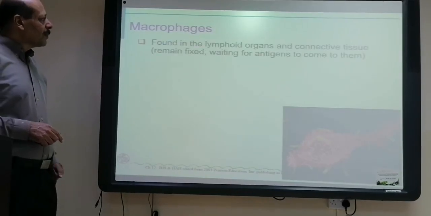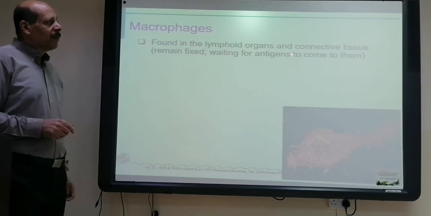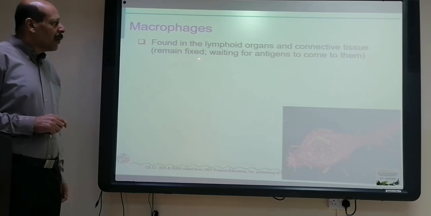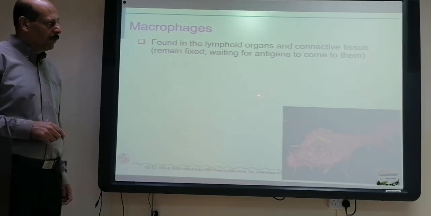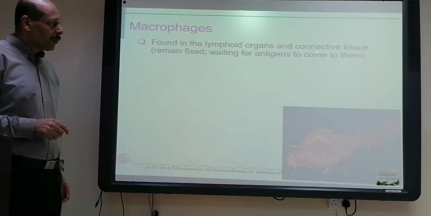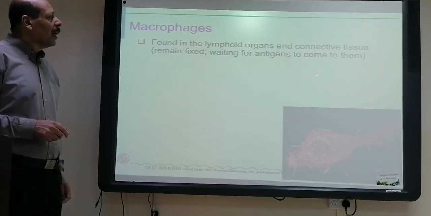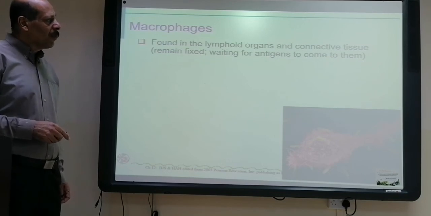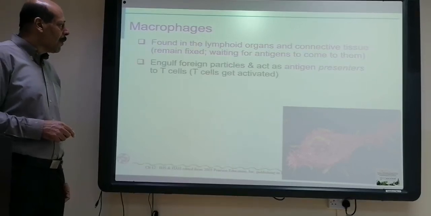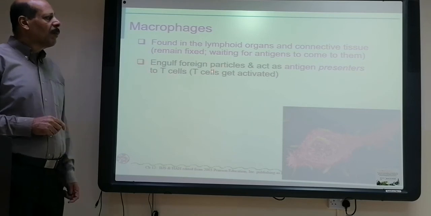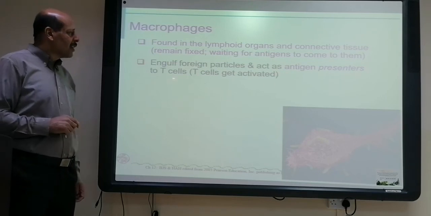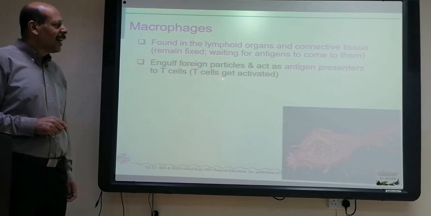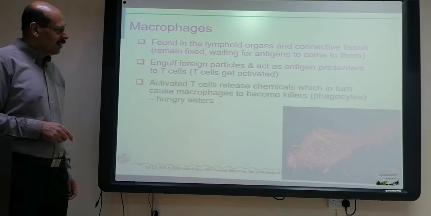The macrophages found in the lymphoid organs and connective tissues remain fixed there. They are not moving, waiting for the antigen to come to them. They engulf foreign particles and act as antigen presenting cells to T cells, and the T cell gets activated.